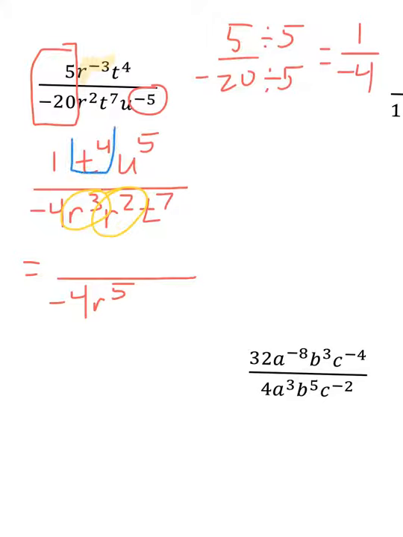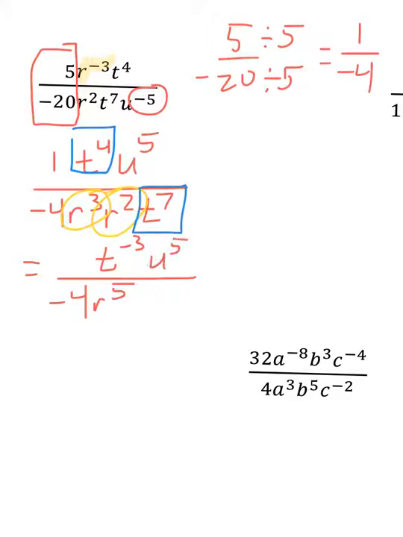And now we got to look at this t to the 4th and t to the 7th. Well, those we are dividing, so we're going to subtract the exponents. So we have t to the 4 minus 7. So 4 minus 7 is negative 3. Okay, so we end up with a t to the negative 3 in our numerator. And that u, there's only one u, so we still have u to the 5th.